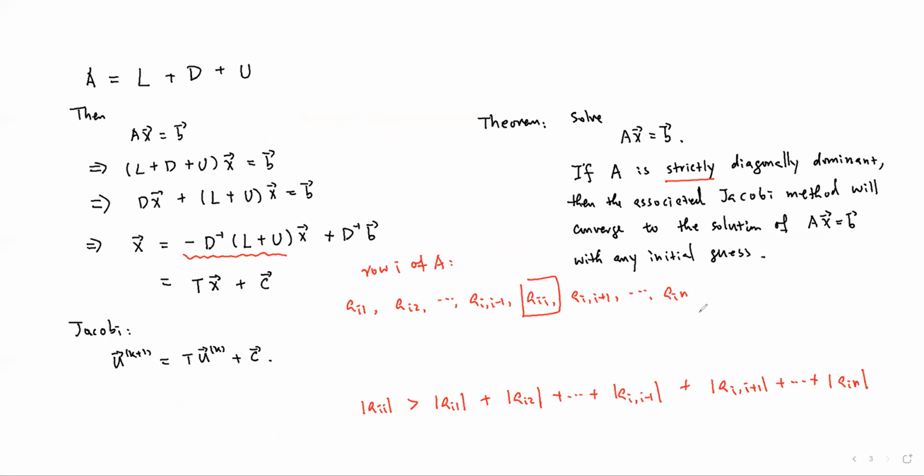This theorem is convenient to use because I just look at the coefficient matrix, right? Just compare the diagonal entry with the other entries on the same row. Matrix A is available, so we can check that. We don't need to compute eigenvalues.